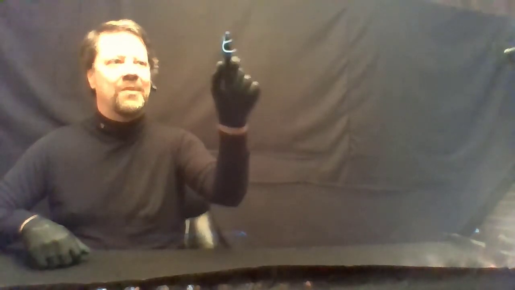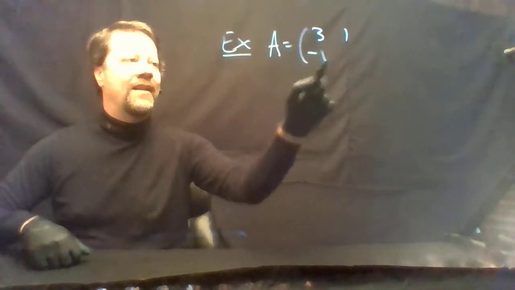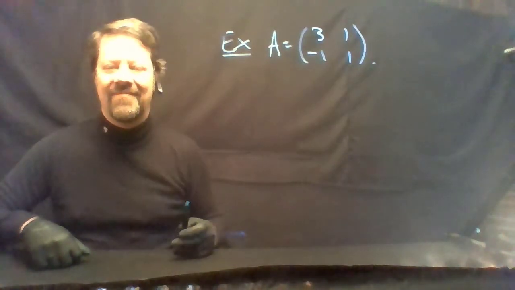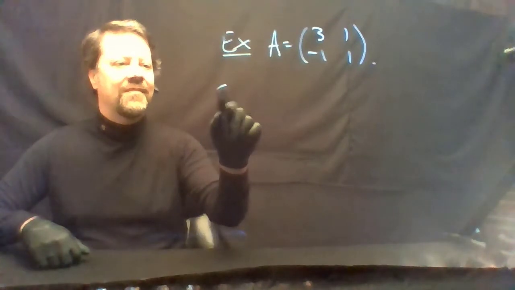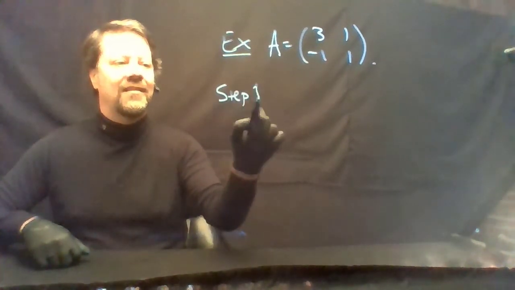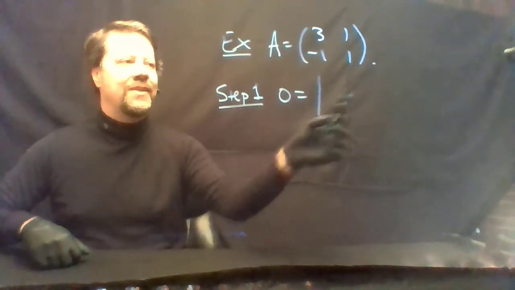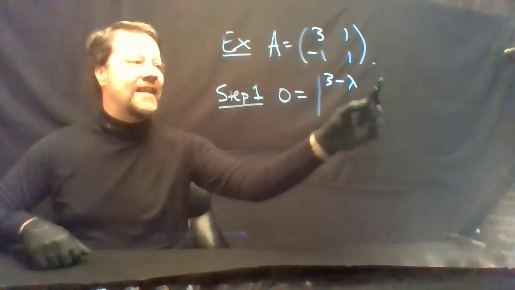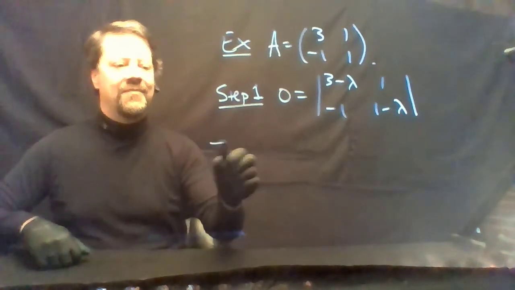In our next example, suppose the matrix A is [3, 1; -1, 1]. Let's find the eigenvalues and the eigenvectors. So step 1. Write down the characteristic equation. 0 is the determinant of [3 minus lambda, 1; -1, 1 minus lambda].